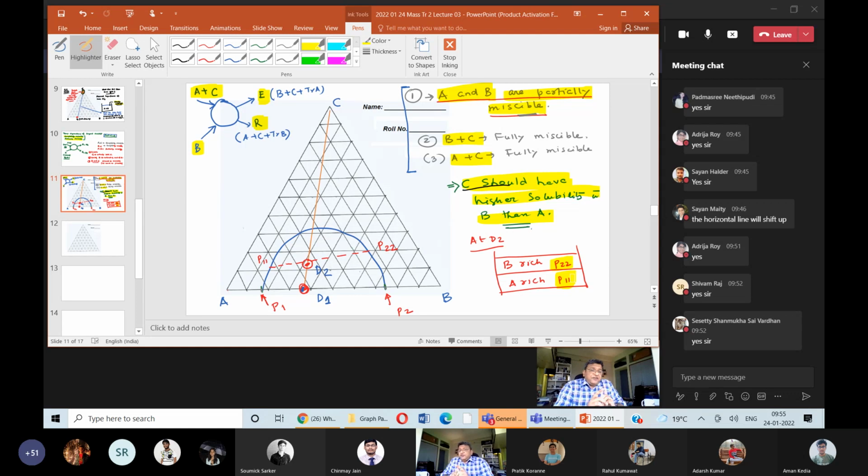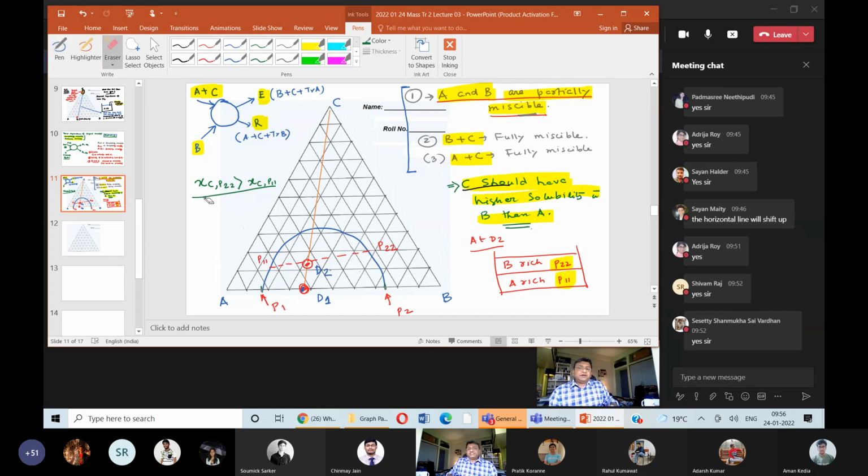But if any one of you can understand why the fraction of C, or XC, in P22 will be higher than XC in P11. Is it making sense to anyone?